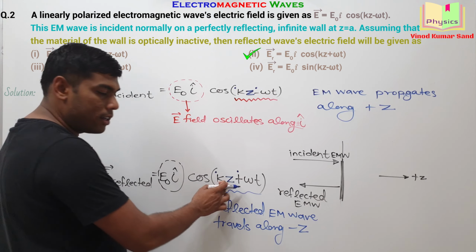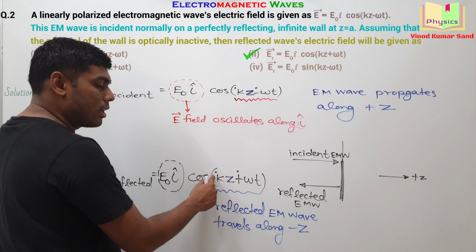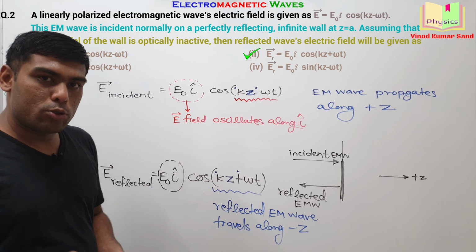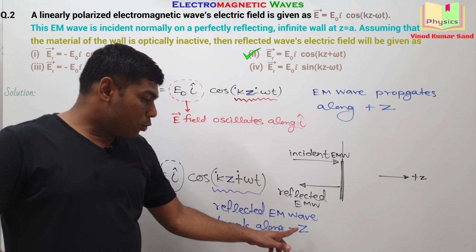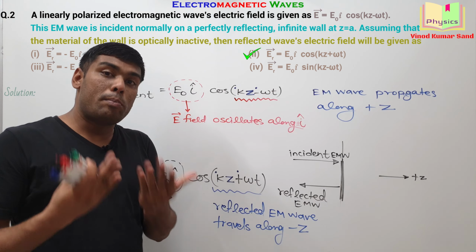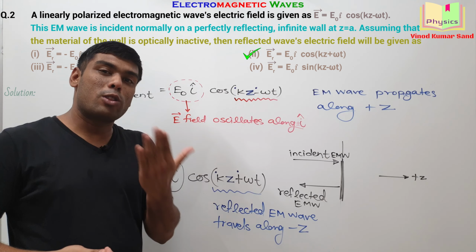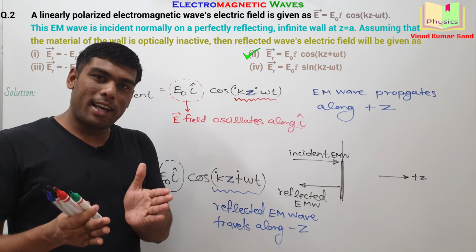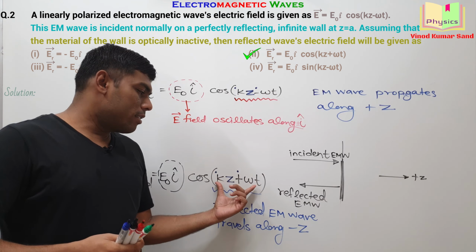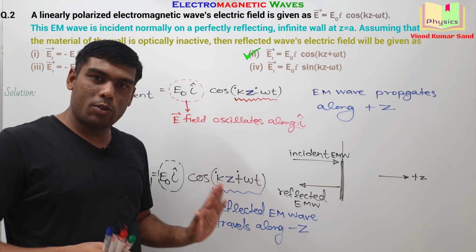Here is the z coordinate, so it should travel along the z, but here the signs are the same, both are positive, so it should travel along the negative z axis. If you have any doubt how this is happening, it will get better and more clarified in the video of the waves on the string. There lies a derivation how the pulse travels on the string. If you understand that derivation very well, then this part is pretty easy for you.